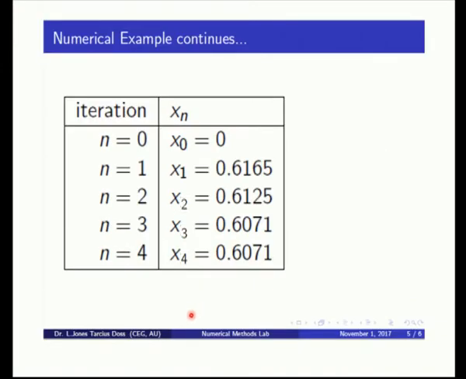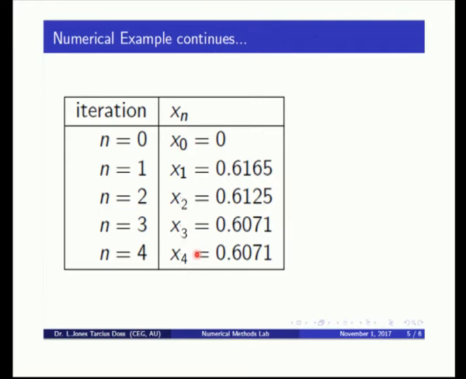Now, I started with a starting point x naught, I obtained x1 the first iteration, and I used that to obtain the second iteration, and I used that to obtain the third iteration. Here I have considered only 4 decimal places, so it happened that we obtain the same value for x3 and x4.